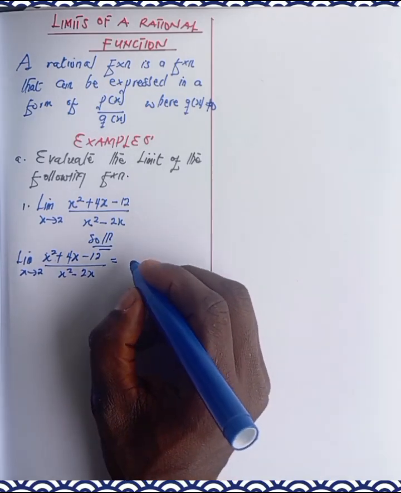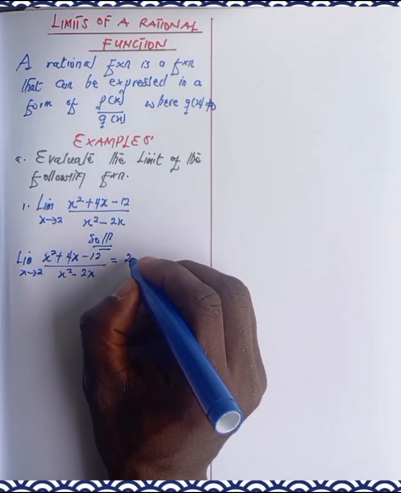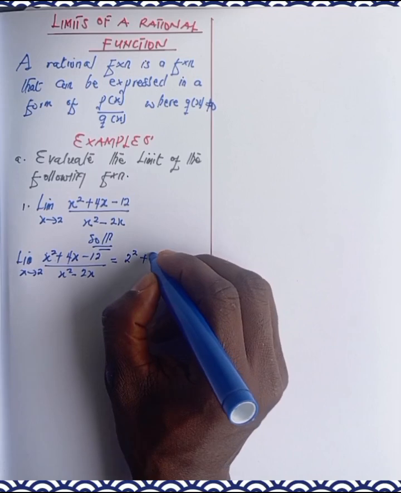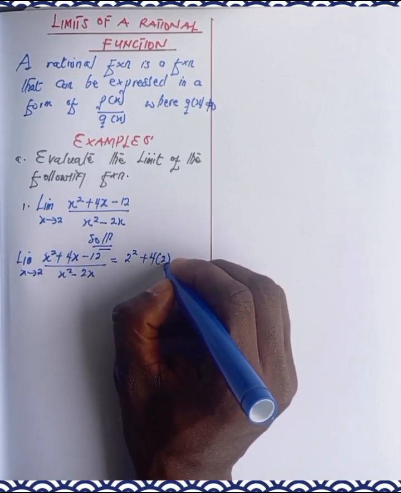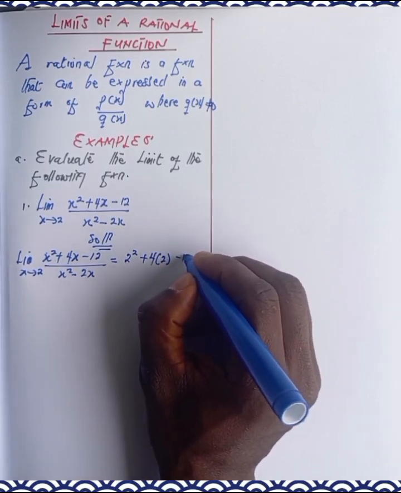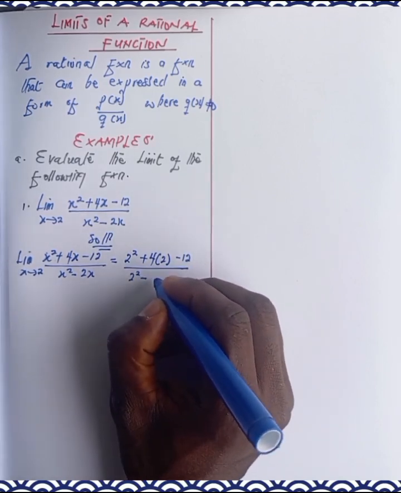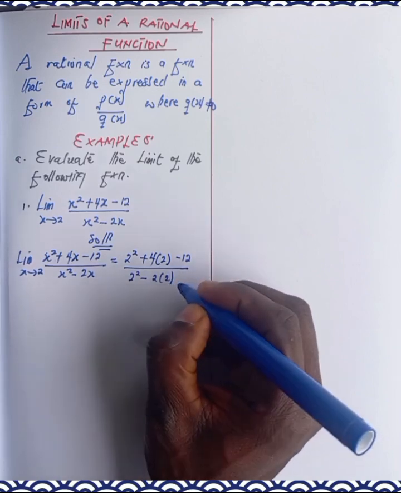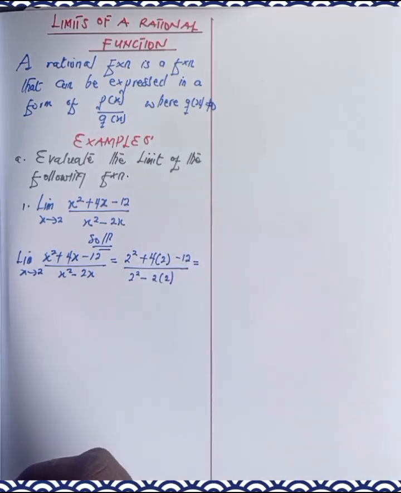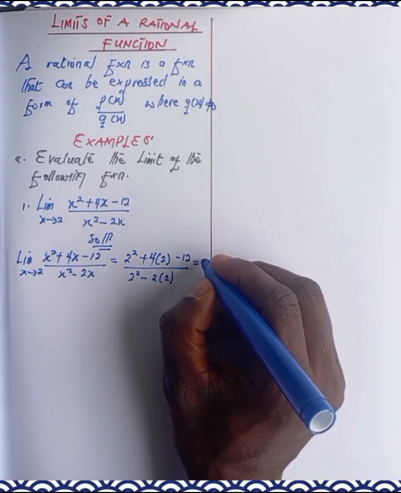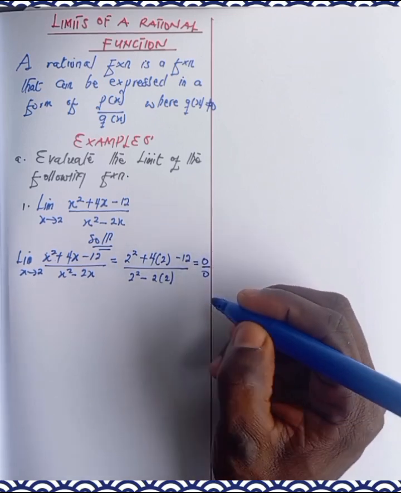Now our direct substitution is going to give us 2 squared plus 4 times 2 minus 12 all over 2 squared minus 2 times 2, and this is going to give us 0 over 0.